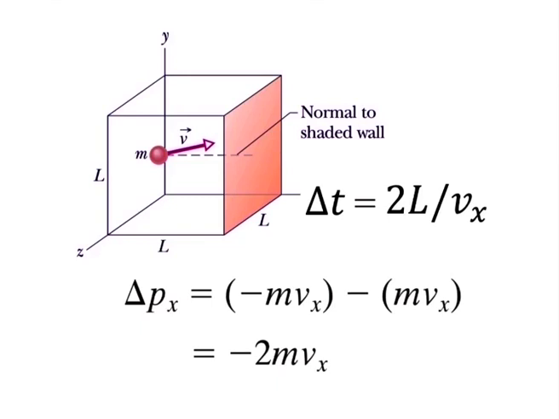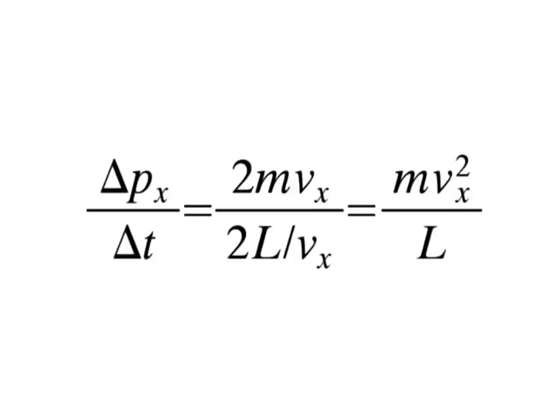Therefore, the average rate at which momentum is delivered to the shaded wall by the single molecule is given by this equation. Delta px upon delta t is equal to 2mvx upon 2L divided by vx, which is equal to m vx square divided by L. From Newton's second law, the rate at which momentum is delivered to the wall is the force acting on that wall.